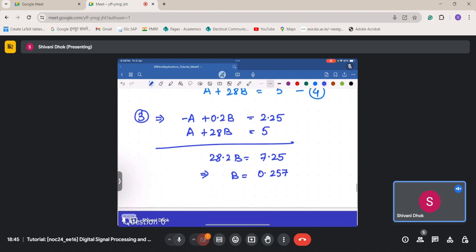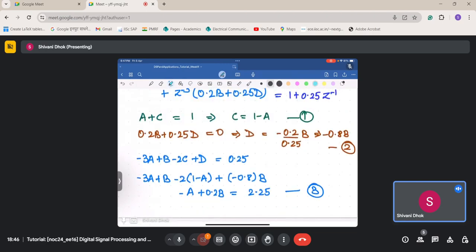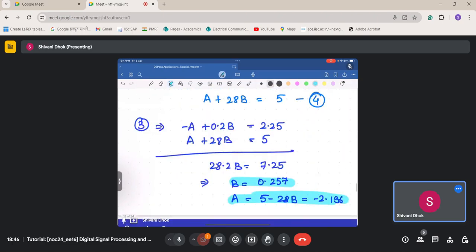Then if b is this, then we can find a as 5 minus 28b, and this comes out to be equal to minus 2.196. Now we have the value of this B, we have the value of A, and now we can use this equation 1 and 2 in order to find the value of C and D.